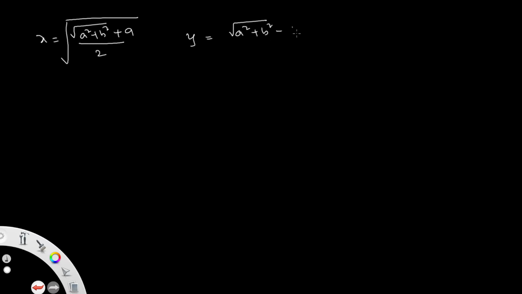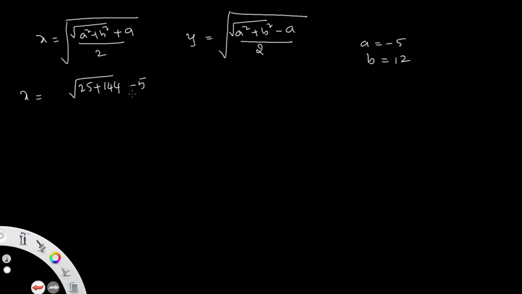So for x, it is the square root of (root of (a square plus b square) plus a) divided by 2, and y equal to the square root of (root of (a square plus b square) minus a) by 2. Simplify. The values taken are a equal to minus 5, b equal to 12. Substitute: x equals the root of (root of (25 plus 144) plus minus 5) divided by 2.